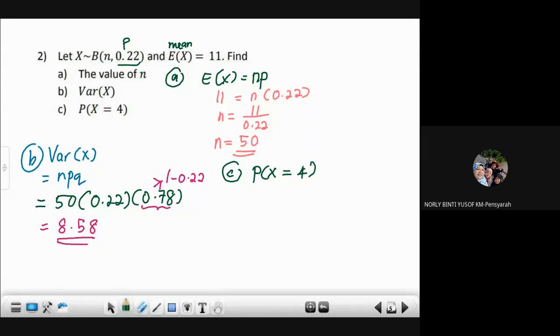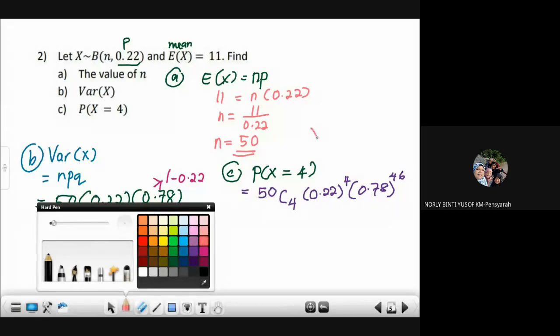Okay, using formula. So madam guna formula binomial 50 sebab n dia 50 kan. 50 C4, 0.22 power of 4, 0.78 power of 50 minus 4 is 46.